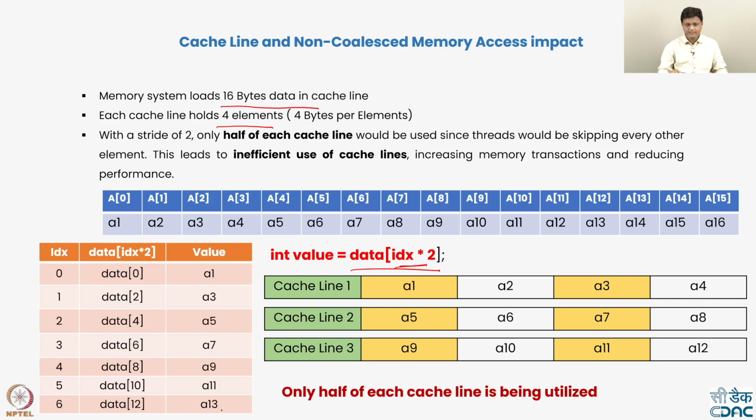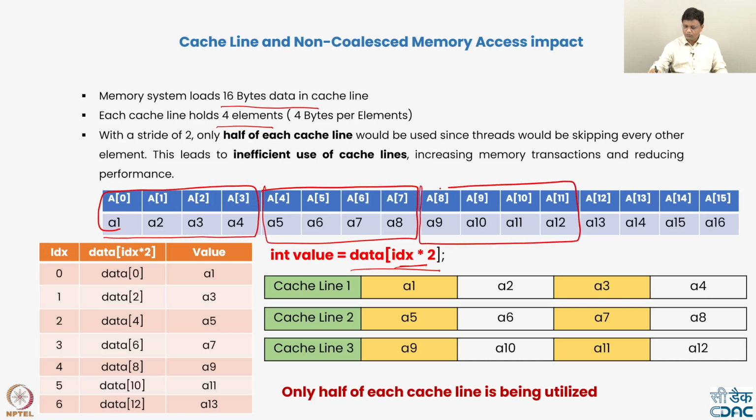Because my cache line size is 16 byte, means only 4 elements. So, in the first cycle these 4 elements are going to be processed. In the second cache line access, the next 4 elements are going to be processed, and in the next cache line the next 4 elements are going to be processed.